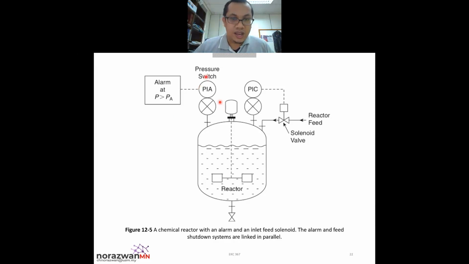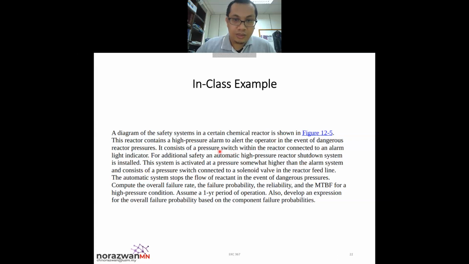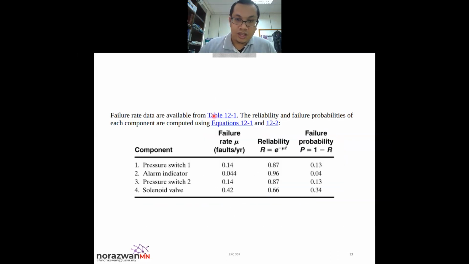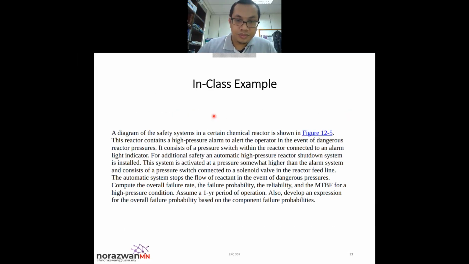It consists of two components: the pressure switch and the alarm light indicator. Let me help you highlight: the pressure switch, then you have your light indicator.